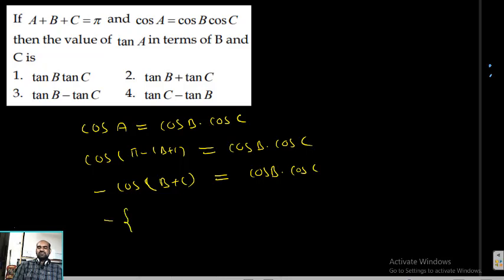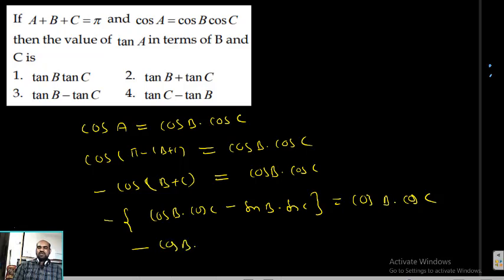Minus of cos B cos C minus sin B sin C equals cos B into cos C, or minus cos B into cos C plus sin B into sin C equals cos B into cos C. Just transfer to right hand side.